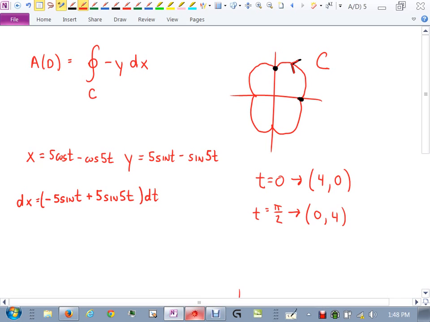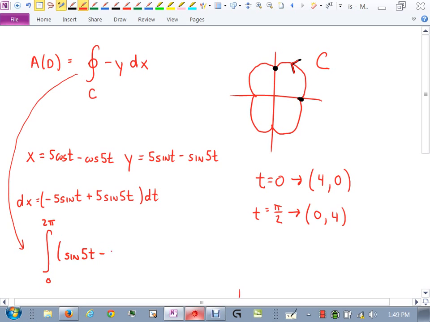So let me plug everything in up here. We're going to go integral from where to where? 0 to 2 pi. That was given in the problem, right? And then the negative y, which for us will be negative 5.